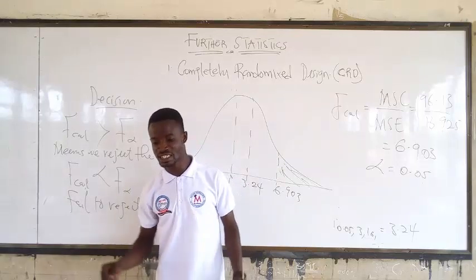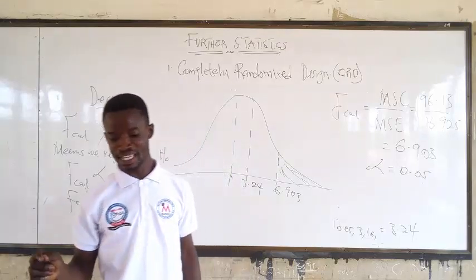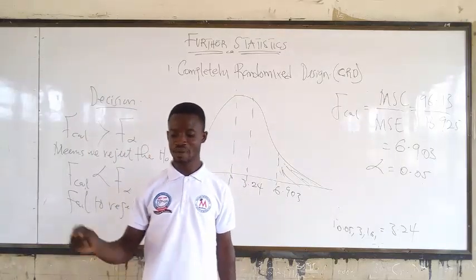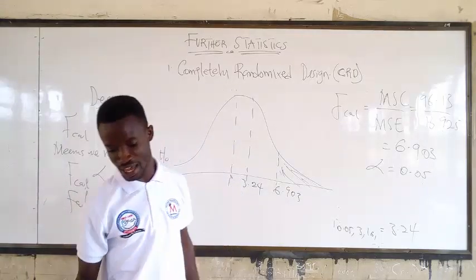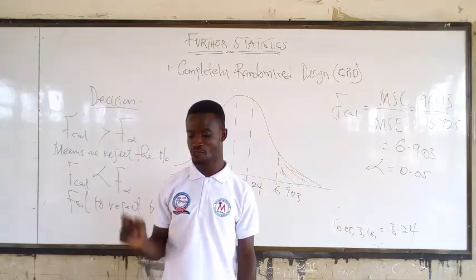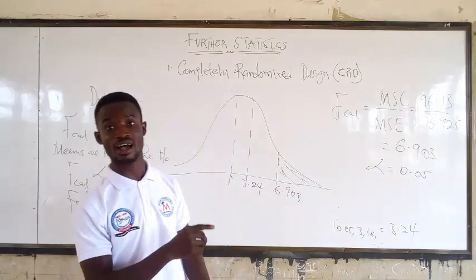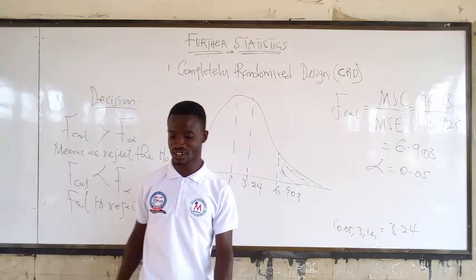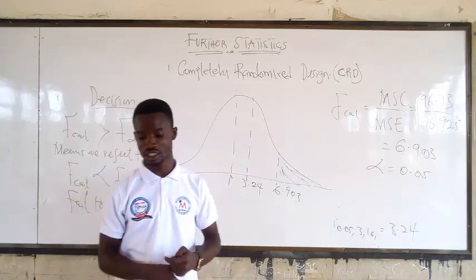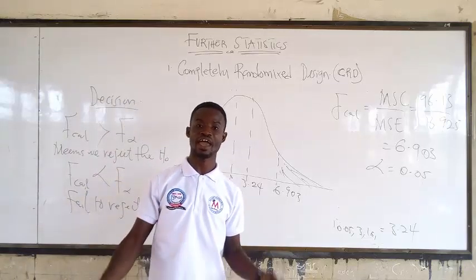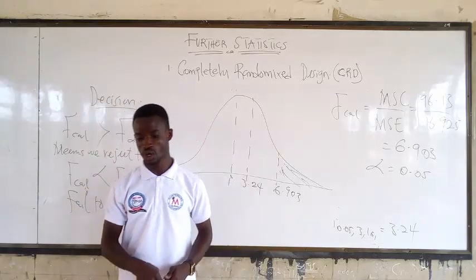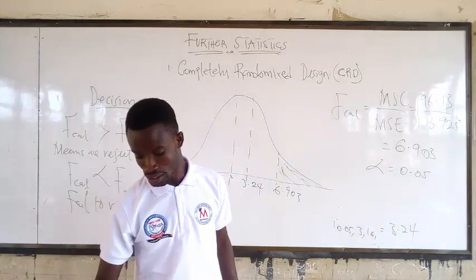This means the mean number of homes sold by agents during the 3 months is not the same for the 4 real estate agents. Alright, so that's going to be your conclusion.